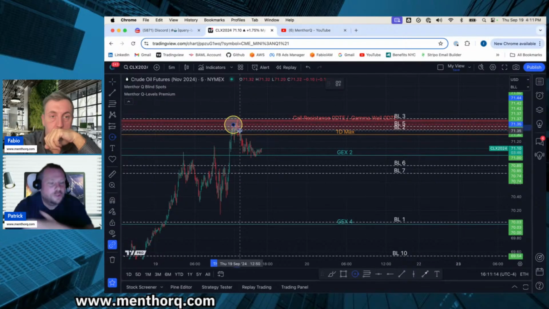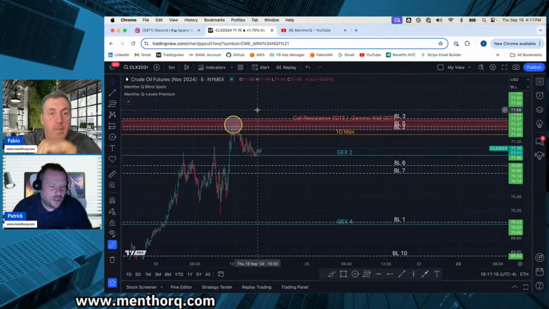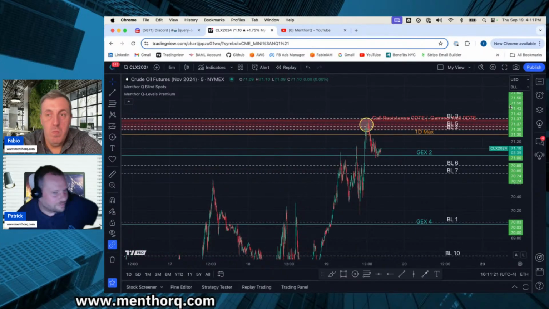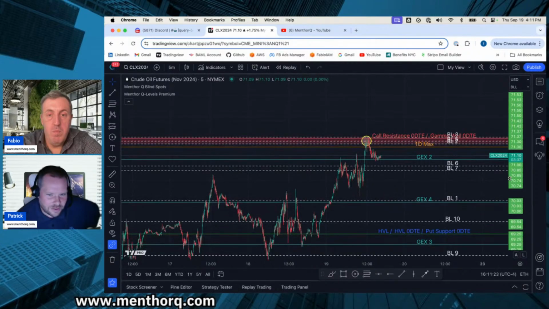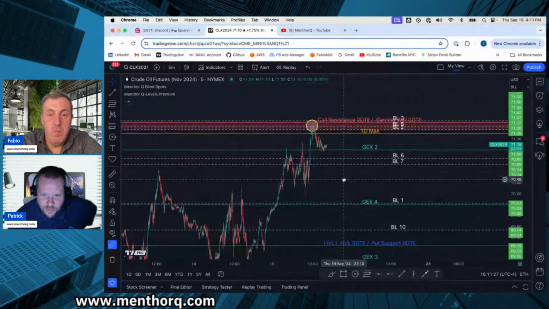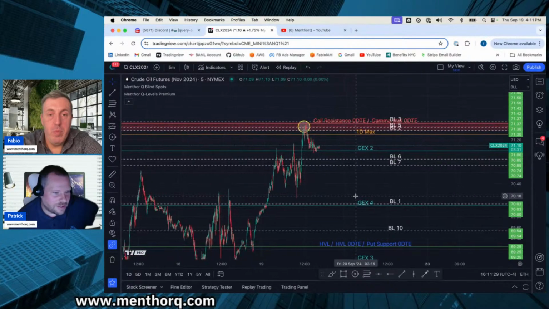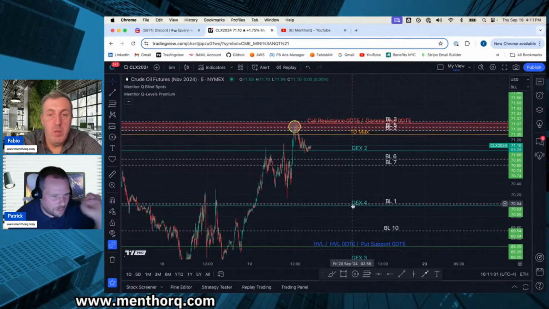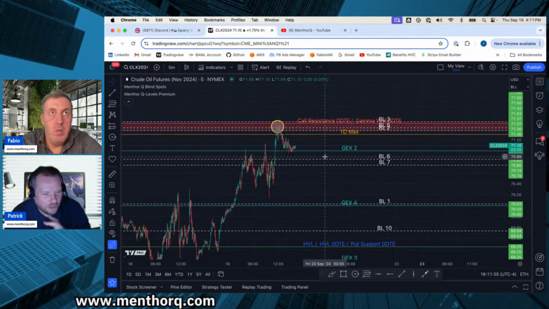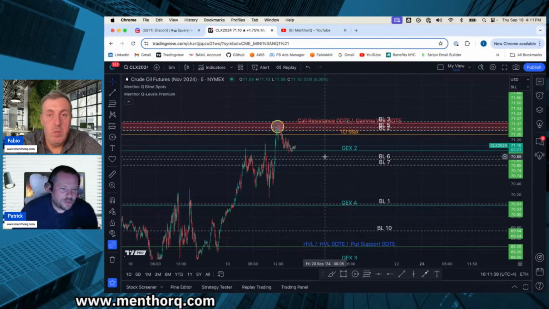Of course, if we look at the big picture and zoom out, we see many other levels. But this is not in our focus. For example, high vol UDT, GEX 4, GEX 3, all the other levels are not in our focus. At the moment when we were hitting these areas, only these levels were our focus. And this is something you must understand.